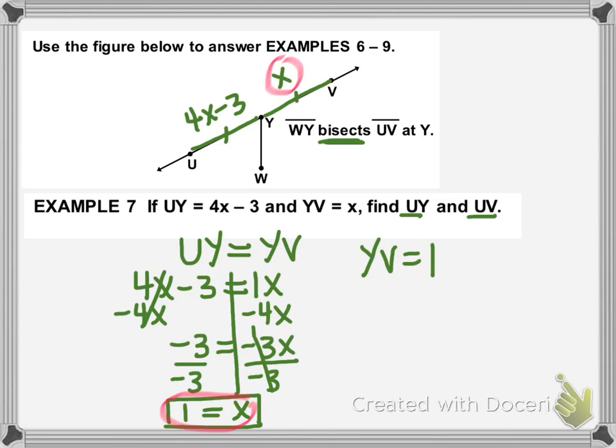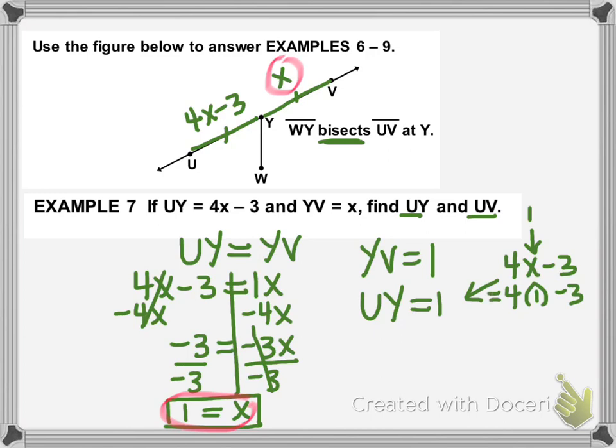But if YV is 1, then that means UY is also 1, right? Because they're equal. If you want to verify that, you can use the expression for UY, which is 4x minus 3, and you can replace x with 1 because that's what it equals. 4 times 1 minus 3, 4 times 1 is 4, 4 minus 3 is 1. So yes, UY also equals 1.